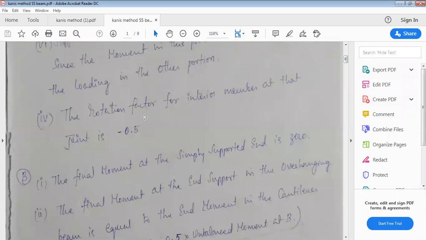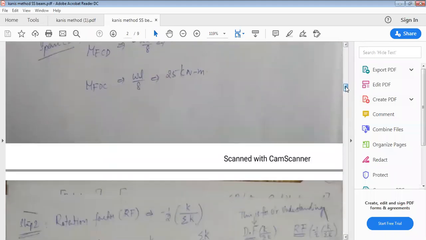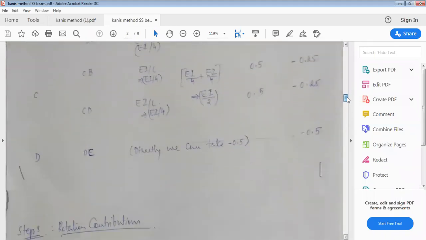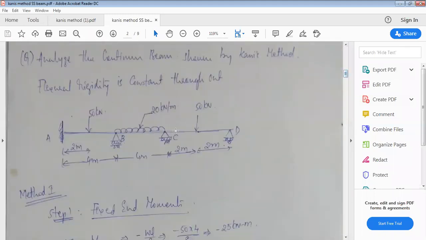The rotation factor for an interior member at a joint is minus 0.5. You have done this for the moment distribution method also. This concept you have already done, and you took the same value. Directly we can take the value minus 0.5. For DC, you can take minus 0.5 directly, because at any joint, how much value should we have?